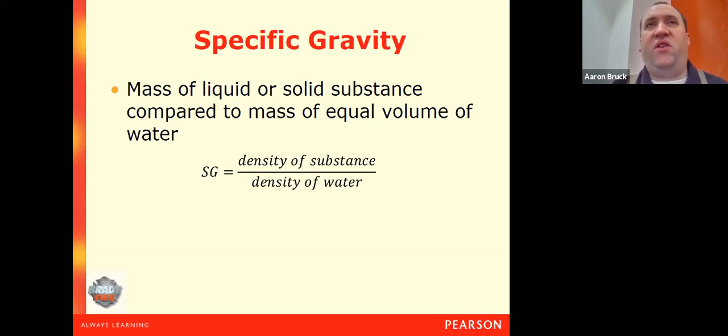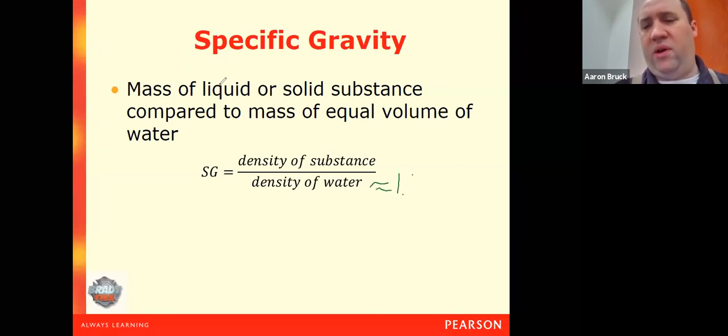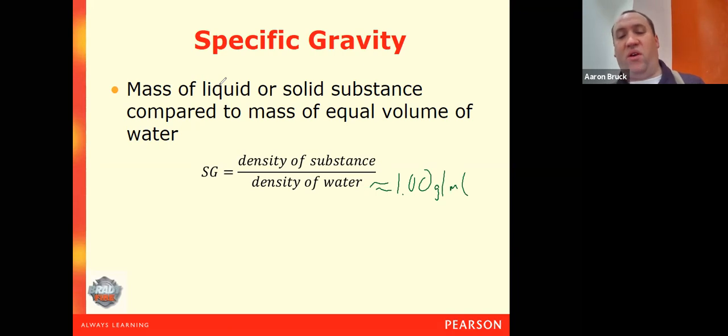To find the specific gravity of a substance, we take the density of that substance and divide it by the density of water. Again, for the most part, this density of water is right around 1.00 grams per milliliter.